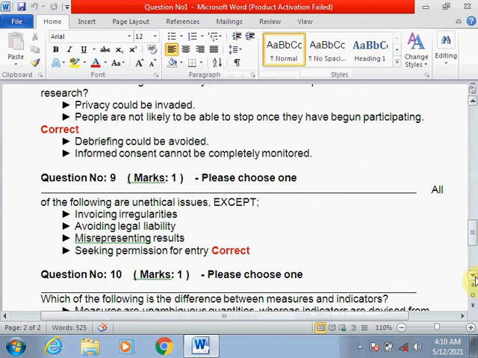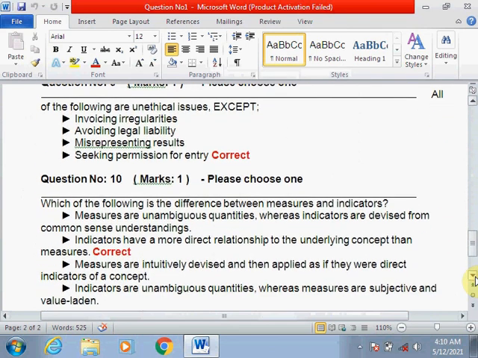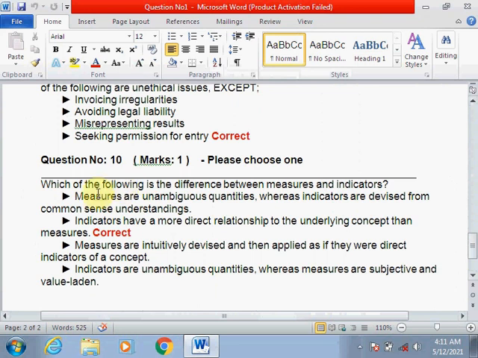Next, we will see question number 10. Which of the following is the difference between measures and indicators? Measures are unambiguous quantities, whereas indicators are devised from common sense understandings. Indicators have a more direct relationship to the underlying concept than measures.